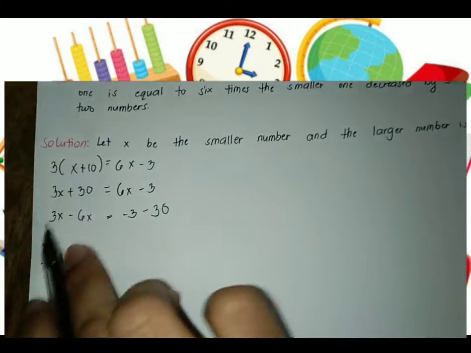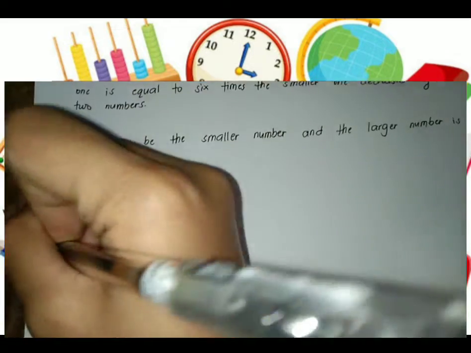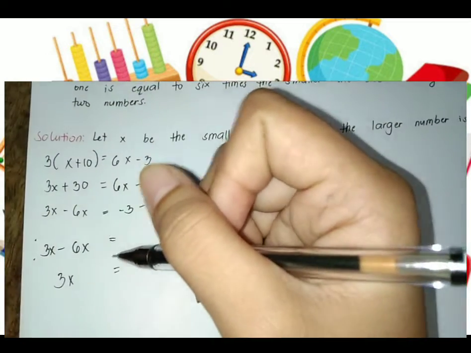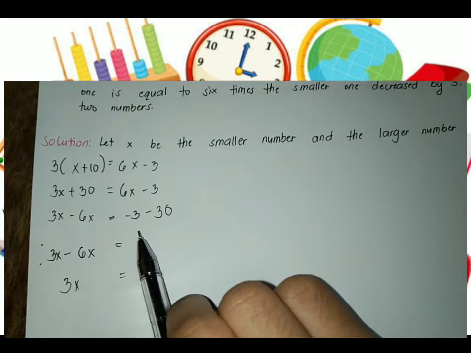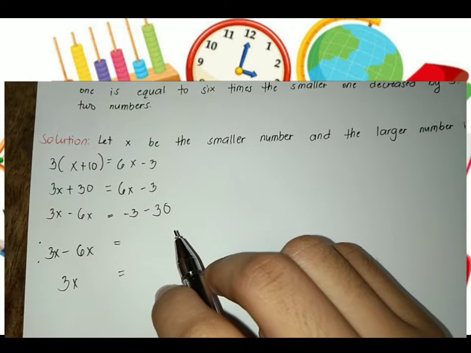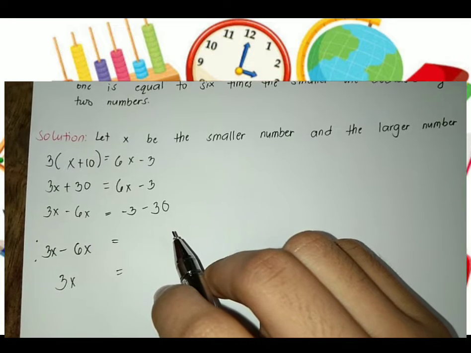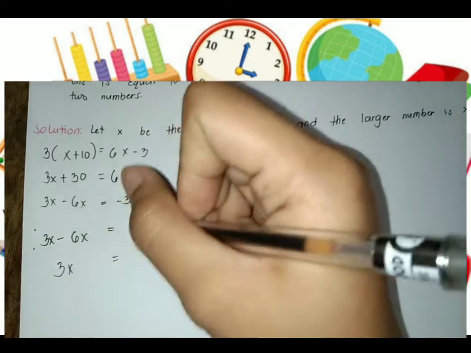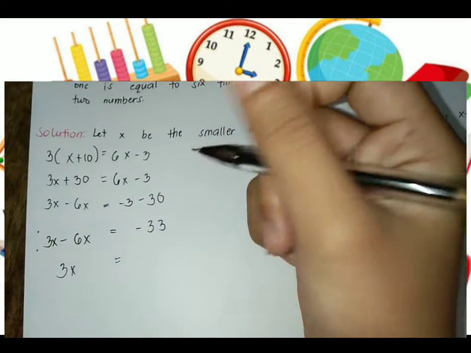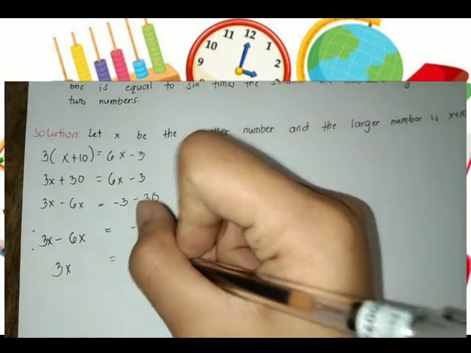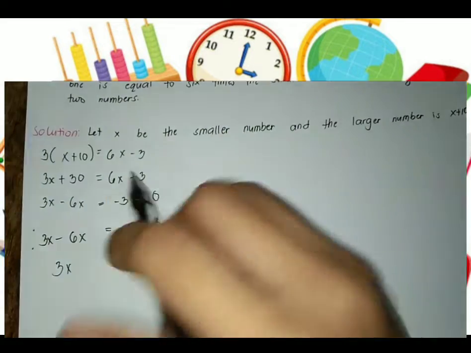Okay, so we are going to subtract each side. 3x minus 6x is equal to negative 3x. Negative 3 minus 30 is equal to negative 33. Now we divide both sides by negative 3.